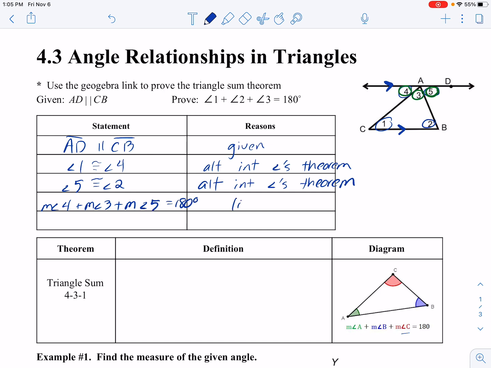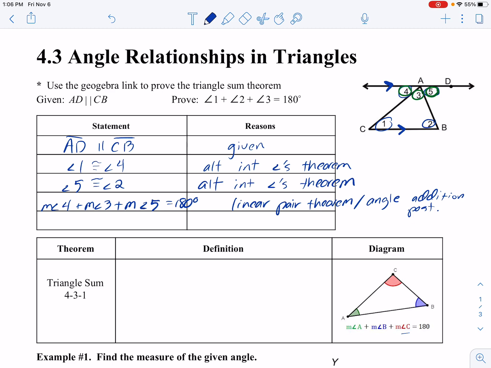We're just going to say our linear pair theorem combined with our angle addition postulate. We're going to skip the step where you would substitute the two angles in using the linear pair theorem.